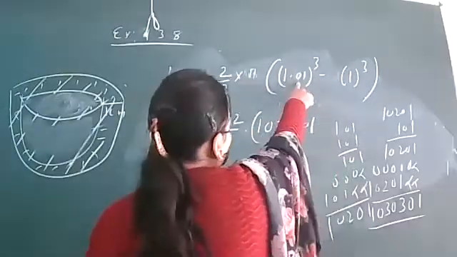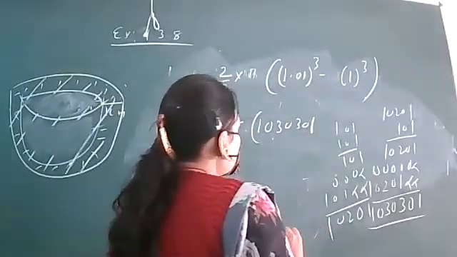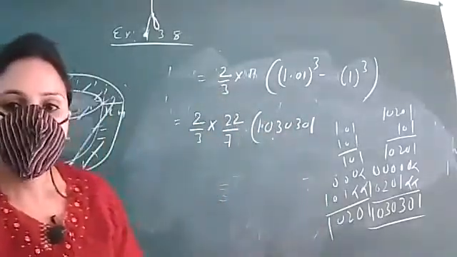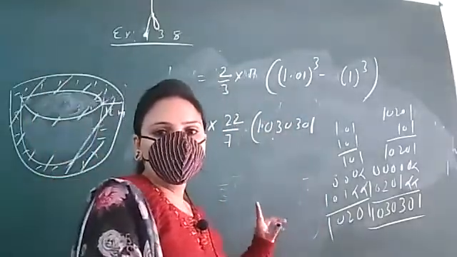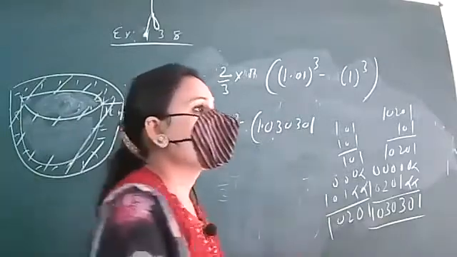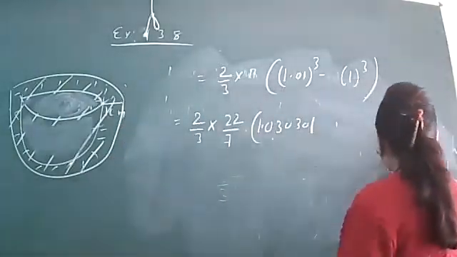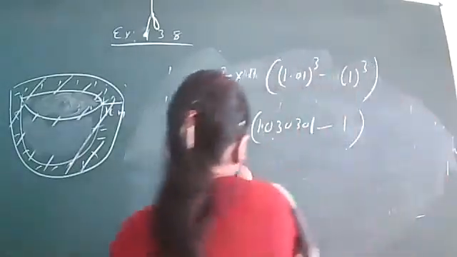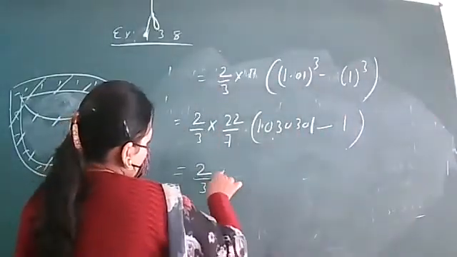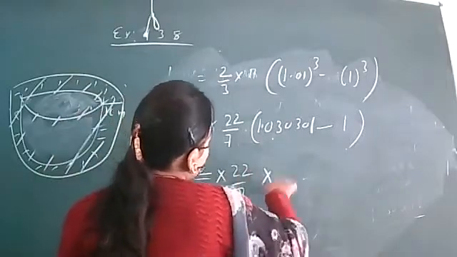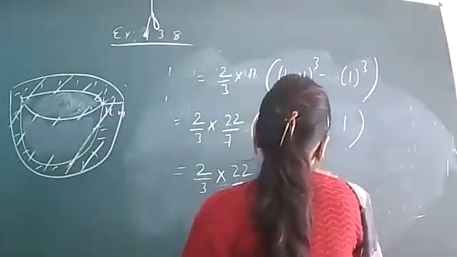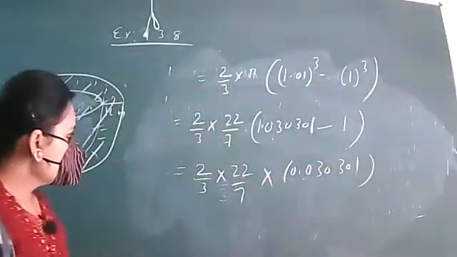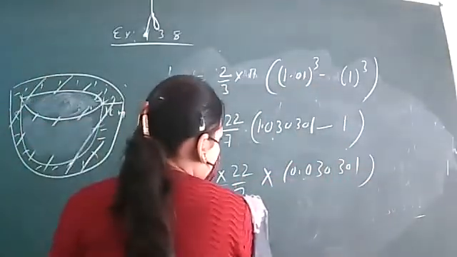With 2-digit decimal, that means after 2, 4, 6 places, we have to place the decimal. So this is 1.030301, and then minus 1 cube, this is 1. This is minus 1. So further it is equal to 2 by 3 into 22 by 7 multiplied by 0.030301. Right? So let us multiply it further.